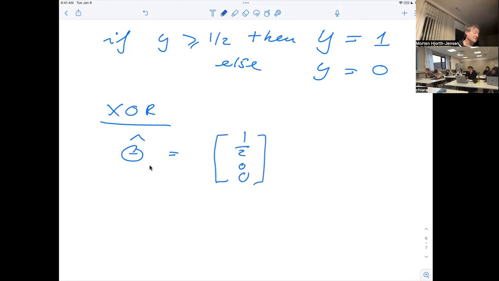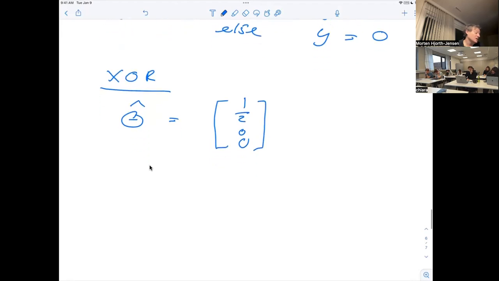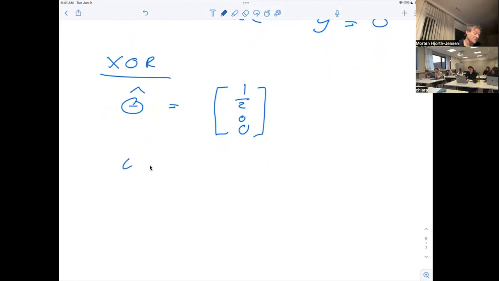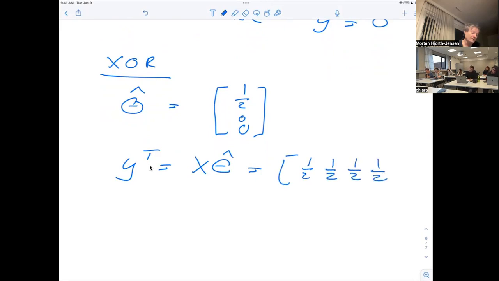Now, what happens is that I'm going to make a prediction, which simply says that my Y of t is going to be equal to this design matrix multiplied with the optimal parameters. This is just a reminder of what we did with linear regression. And then we are going to get the values of 1/2, 1/2, 1/2, and 1/2.